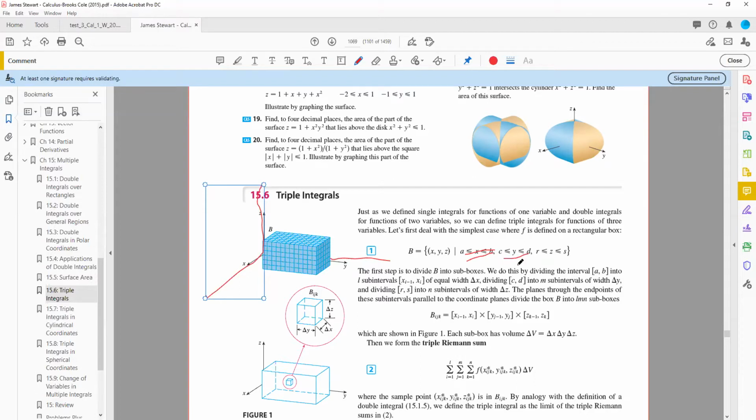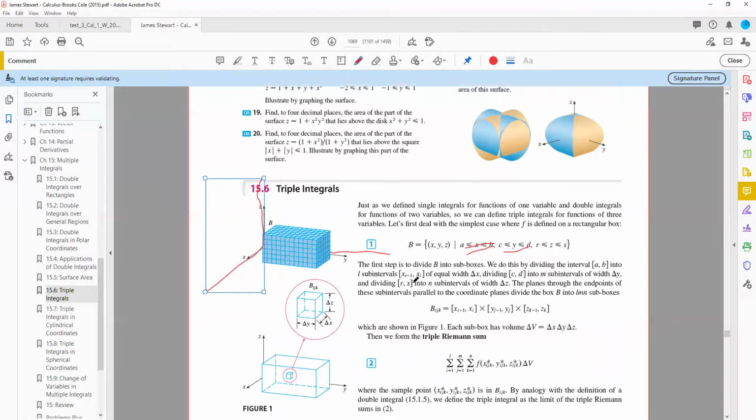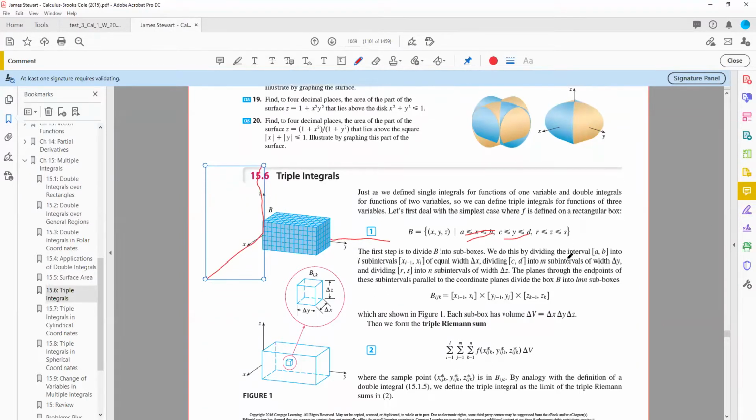I divide the interval y from c to d into m subintervals, and I divide the interval from r to s on the z-axis into l subintervals. Each of them gives me what? This doesn't give me a mesh, but it gives me a sum of cubes. Each cube has a volume. That volume is defined by delta y times delta x times delta z, right?